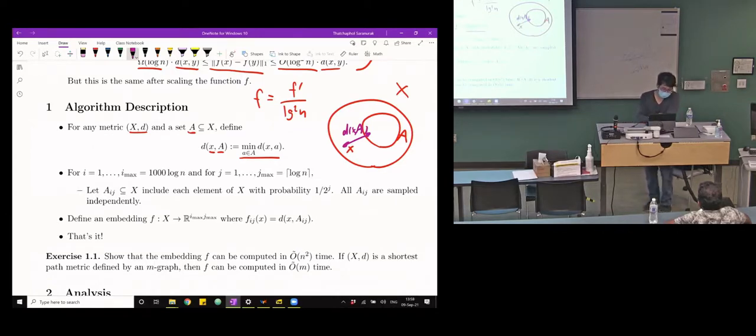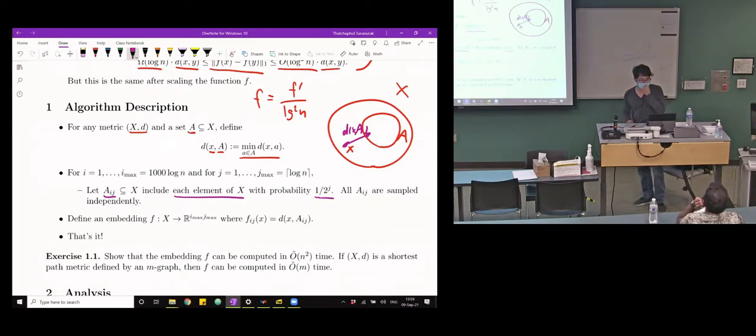And now the algorithm is this. Let's say I have i that runs from 1 to i max, which is something like log n, and also j that runs from 1 to log n. For each i, j, I create a subset A_ij, which is a random set where I include each element in X with probability 1 over 2 to the j.